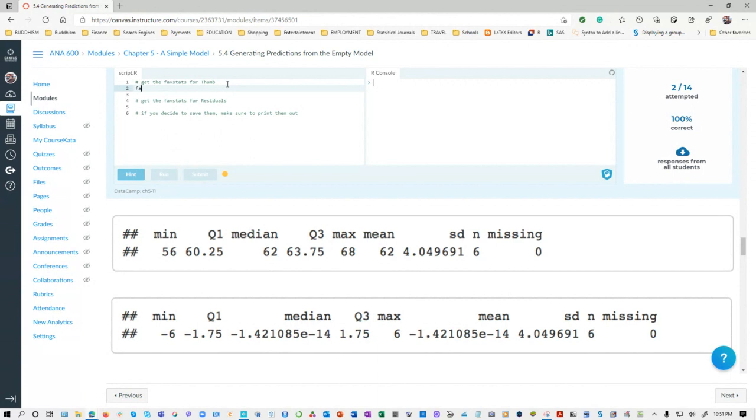favstats, you go to Thumb, tilde, Thumb, comma, data equals TinyFingers. I think they were looking for the TinyFingers. Get the favstats for the residual. How do you get that one? favstats of, what's the name of that one?